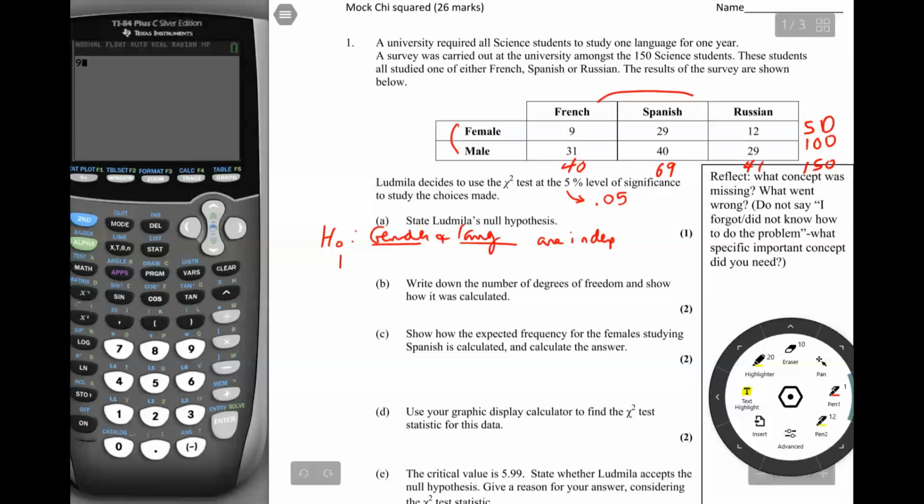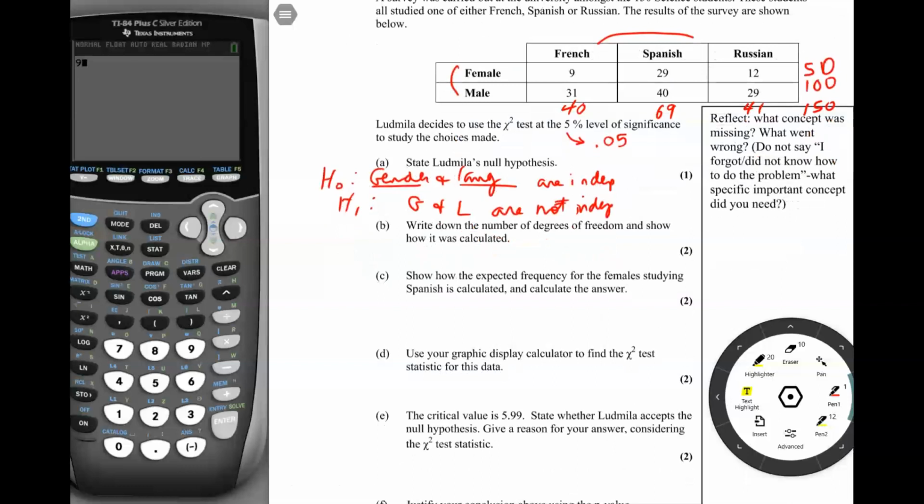Okay, so what is the alternative hypothesis? The alternative hypothesis would just be the opposite of that. So gender and language are not independent. Okay, and remember that this is the format for a null hypothesis only for traditional chi-squared. It's different for the other tests we're going to do on page 2 and 3.